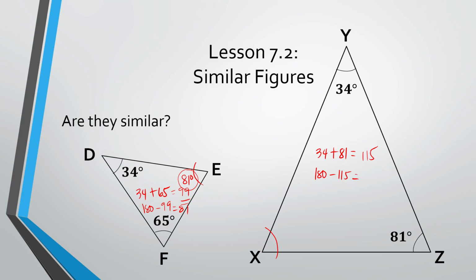So 180 minus 115 is 65 degrees. So are they similar? Yes, they are similar, meaning that, just like I've said a while ago, assume that all corresponding sides are proportional. I hope that you get it.